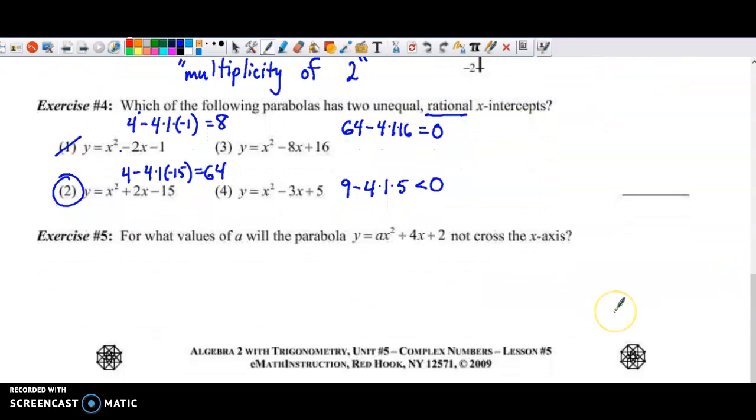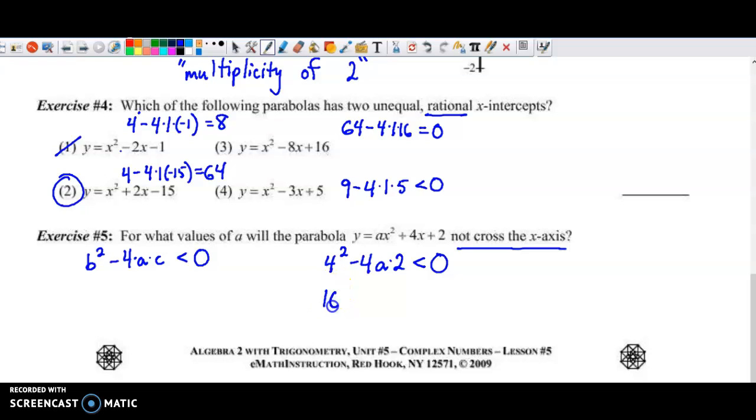And that's actually what we're going to use on this last one, is think about what has to happen to not cross the x-axis. Well, if it's not crossing the x-axis, the discriminant, b squared minus 4ac, must be a negative number. So all we know in this problem is that b is 4. We don't know a, but we know c is 2, and if we multiply all that together, it needs to be a negative number.